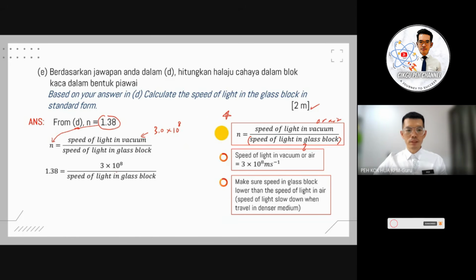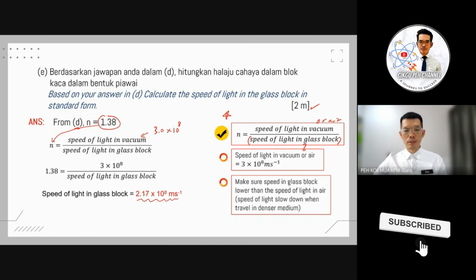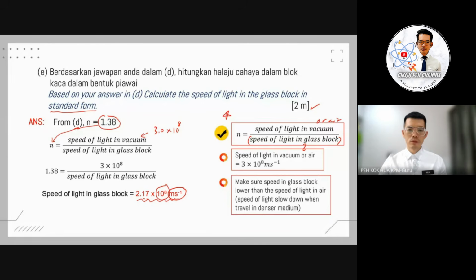You rearrange and you get the speed of light in your glass block will be almost like this. The question asks you to give your answer in standard form, in 2 decimal places, together with the correct unit. You will get 1 mark for substitution and another mark for the answer with correct unit and decimal places.